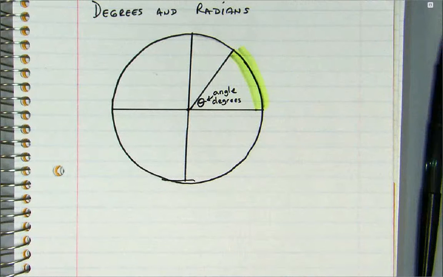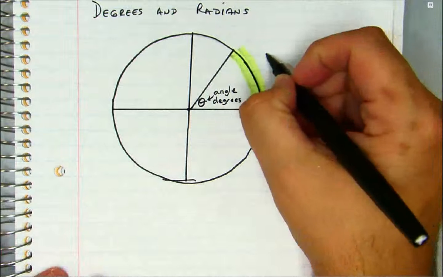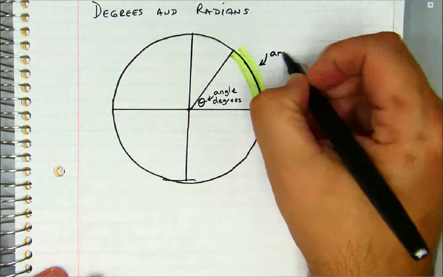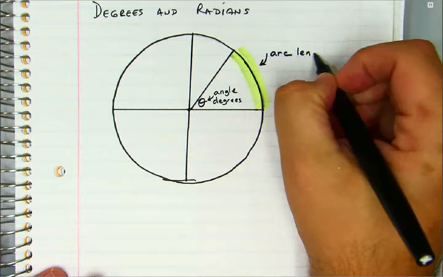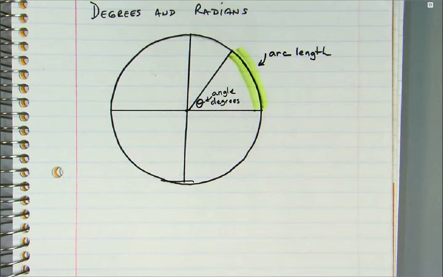If it was actually light out, I would show you. This is actually an arc length, or an arc. You can kind of think of it like that, and we measure an arc length.